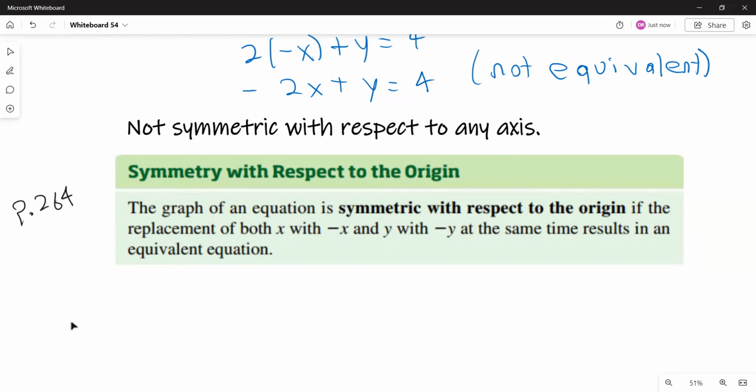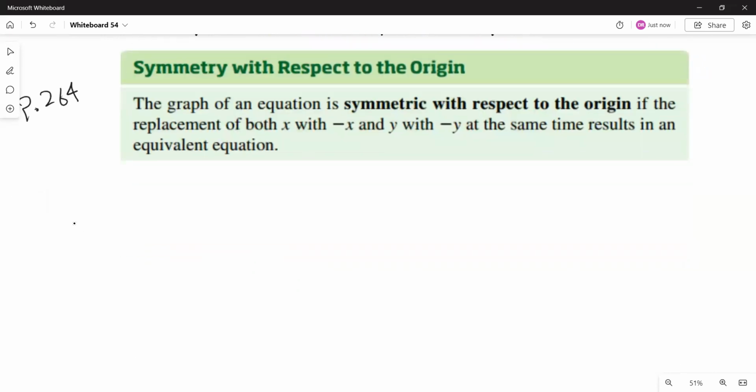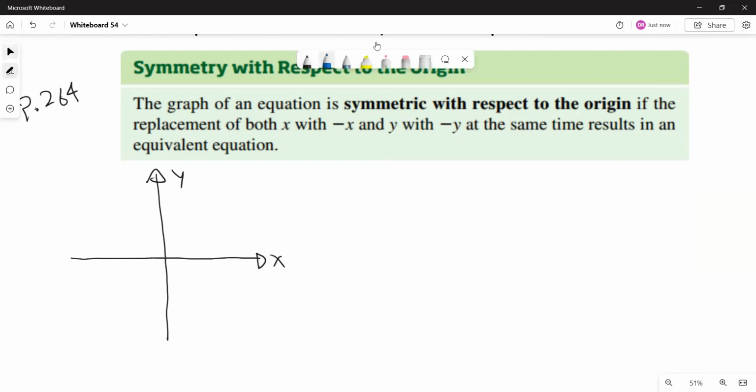So graphically, we could have something like, and actually we did one example of that. Part C, in the last example, is equivalent and is symmetric with respect to the origin.